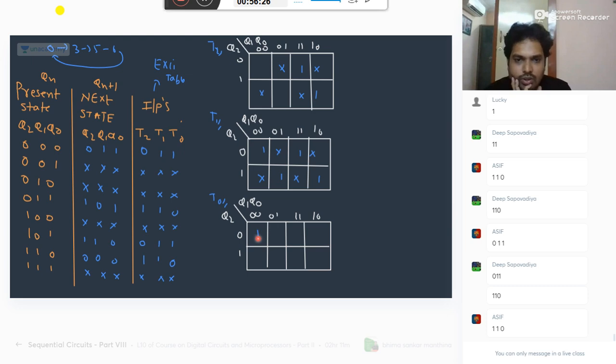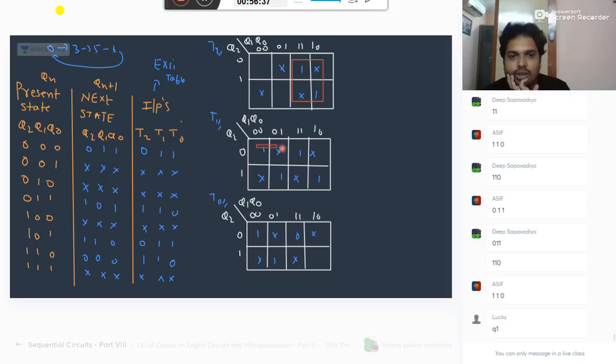Next, 1 double cross 0, cross 1, 0 cross. So here one rectangle, it's a quad, an octet, and a quad.